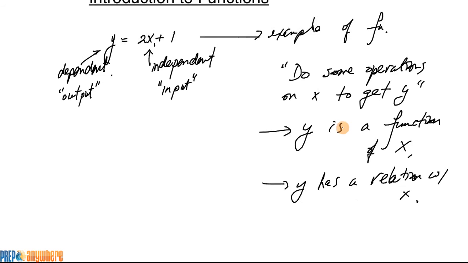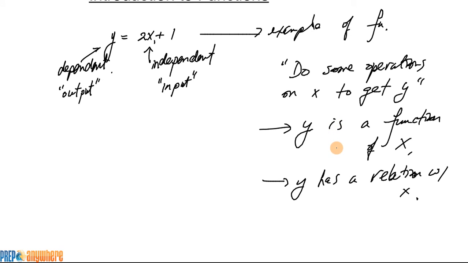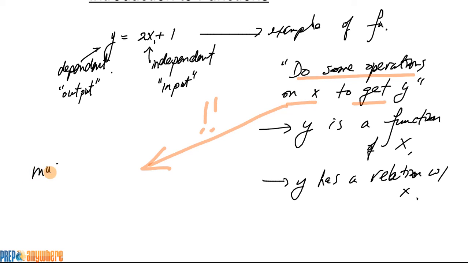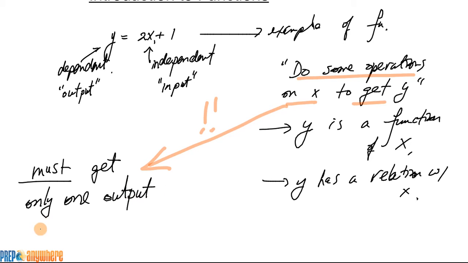There's one very, very important condition though. Do you see here it says do some operations on x to get y? Very, very important: we must get only one output of y for each input.